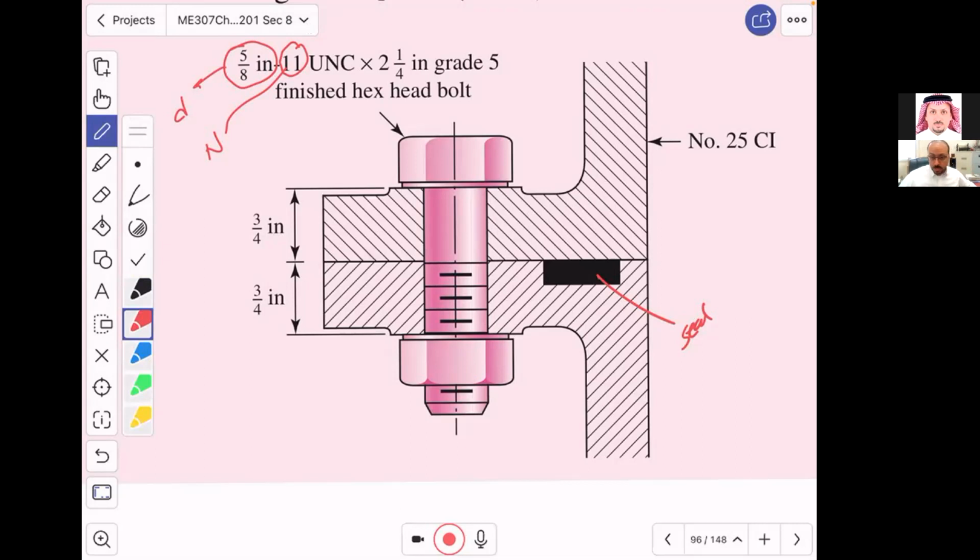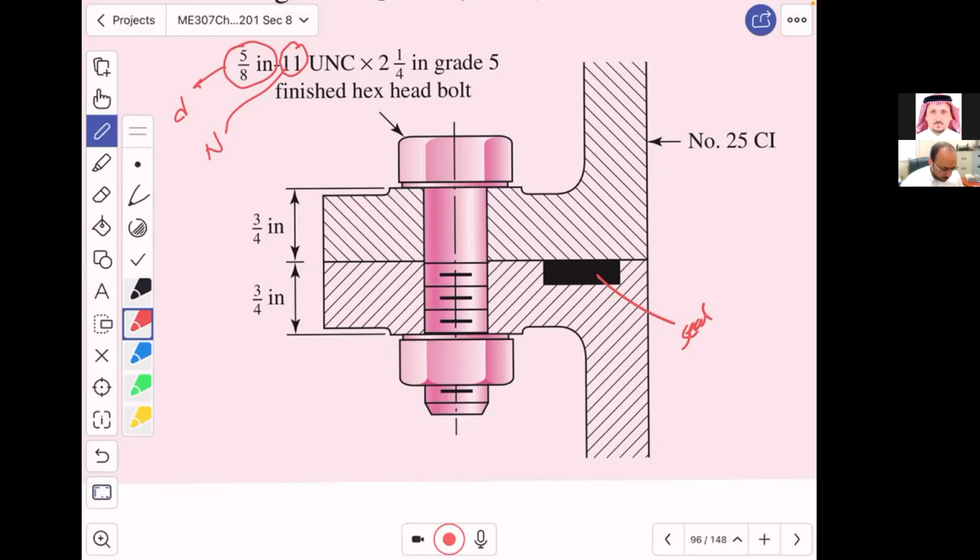I would assume a good revision would write the number of threads per inch as something like Np, but it is the same N as the fatigue life, and the same N as the number of bolts. So please don't be confused.